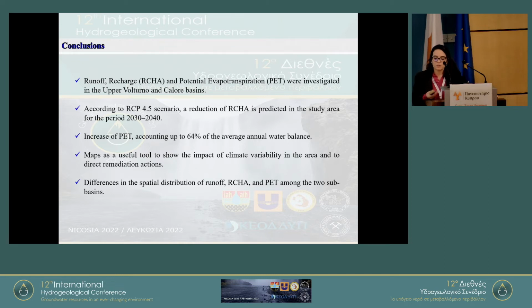Runoff, potential evapotranspiration and recharge parameters were analyzed for the application of temporal and spatial variation maps in order to investigate all of these changes, to show their importance and the importance of climate variation in the study area, and finally, in the future, to direct remediation actions.